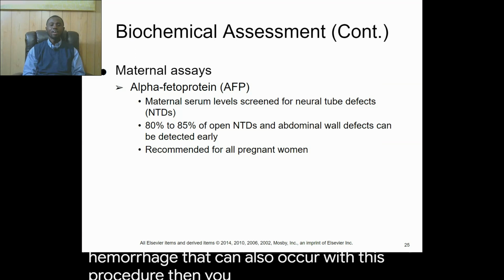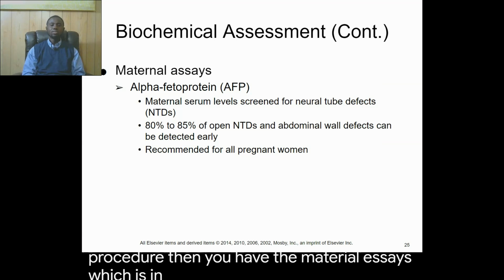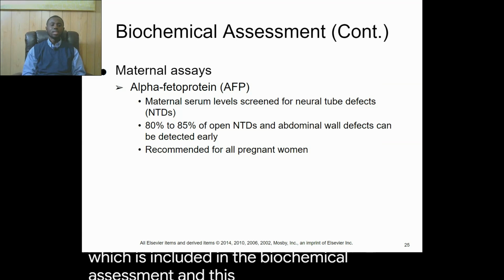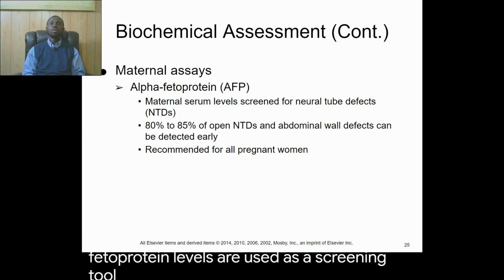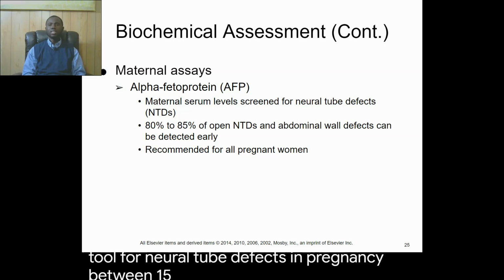Then you have the maternal assays, which are included in the biochemical assessment, and this includes the alpha fetoprotein. The maternal serum alpha fetoprotein levels are used as a screening tool for neural tube defects in pregnancy between 15 weeks and 20 weeks of gestation.